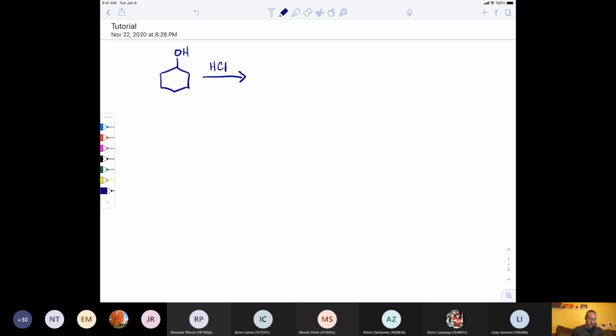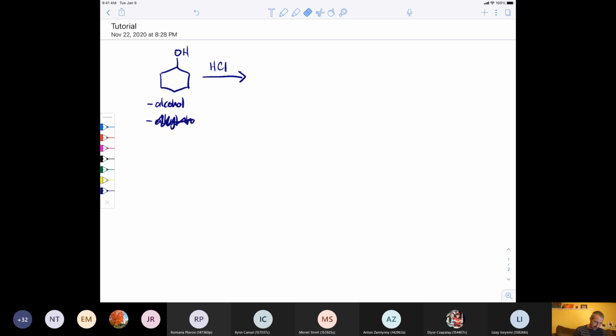When you get a question that gives you this and says either draw the mechanism or draw the product, the first thing you should look at is the starting material: an alcohol or an alkyl halide? In this case, it's an alcohol.